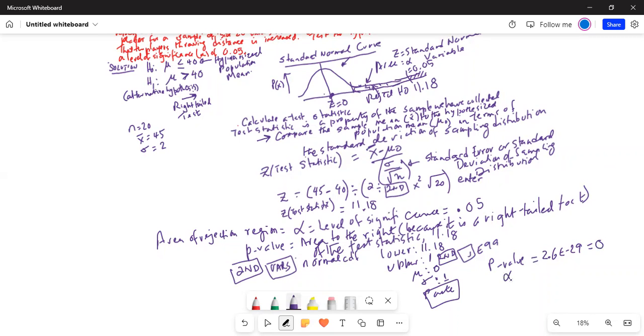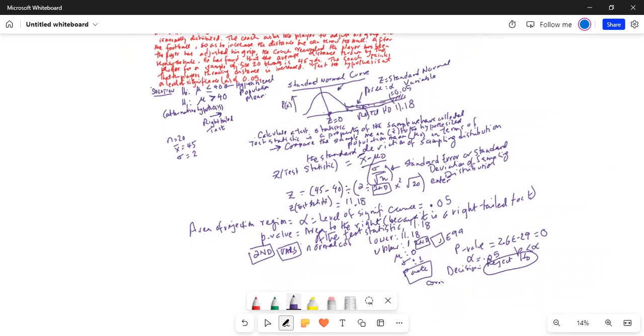Notice, compare this p-value with alpha equal to 0.05. P is less than alpha. Okay. Decision: reject H0. Okay, so this is my decision, reject H0. What is my conclusion? I'll create some more space.